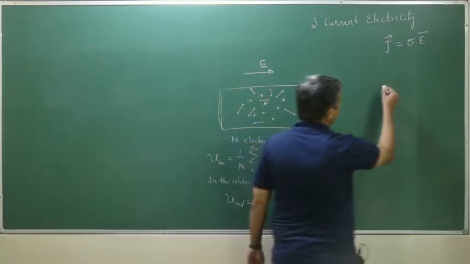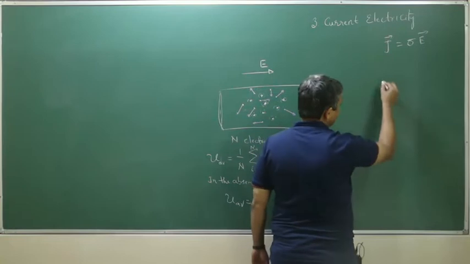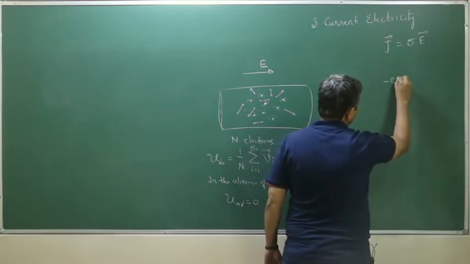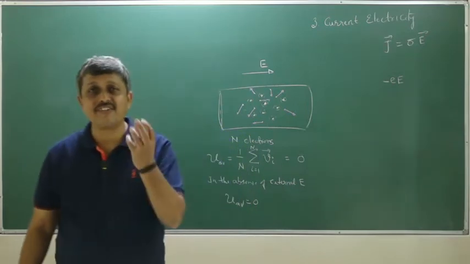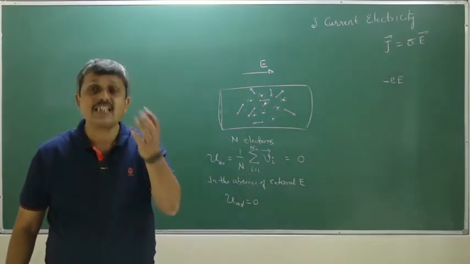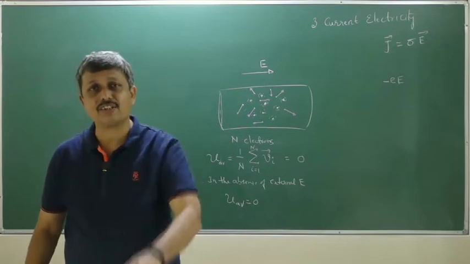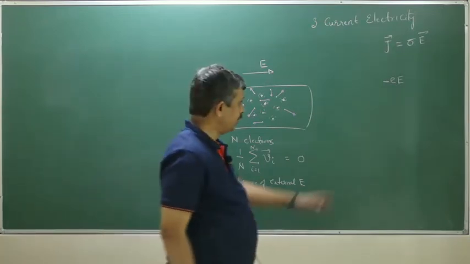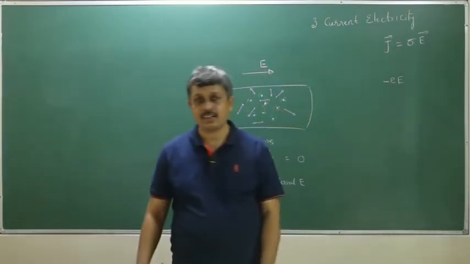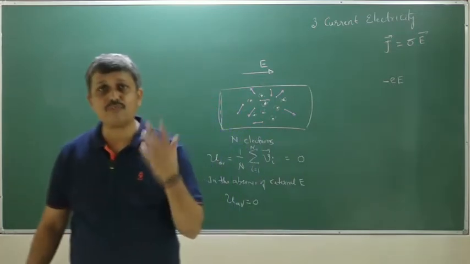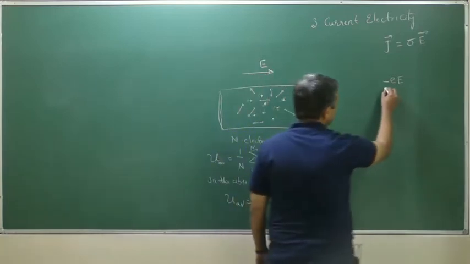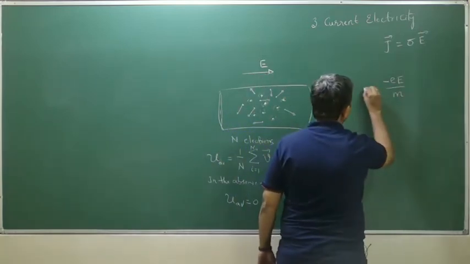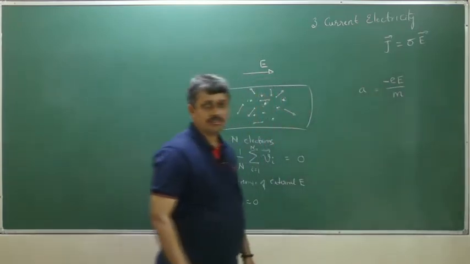Force on every electron is minus e into E. Do you agree? Minus e is its charge, and E, the electric field, is the force per unit charge. Into the charge gives you the force, and force divided by mass gives you the acceleration of every electron.